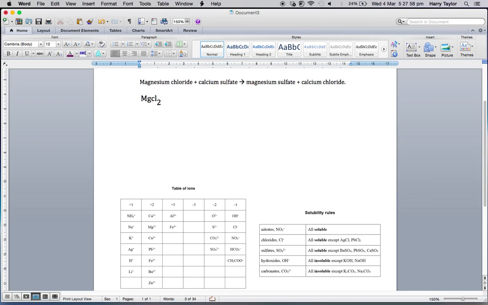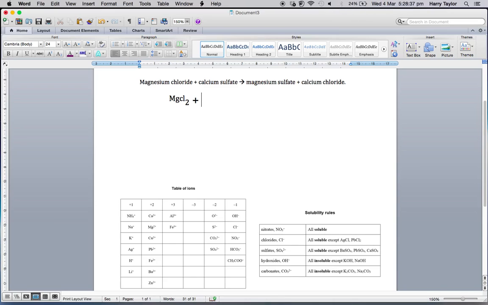So if that's MgCl2, you need 2 chlorides to equal with the magnesium, and now plus calcium sulfate. So calcium is Ca2 plus, and sulfate, if you look down here, is SO4 2 minus. So those two will equal together. If you think of a magnet, you need a positive and a negative to attract.